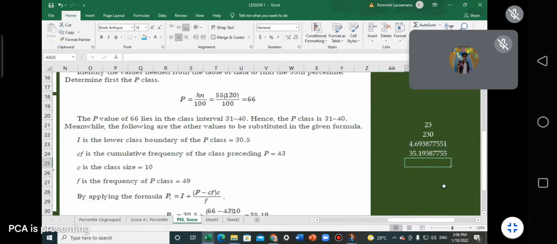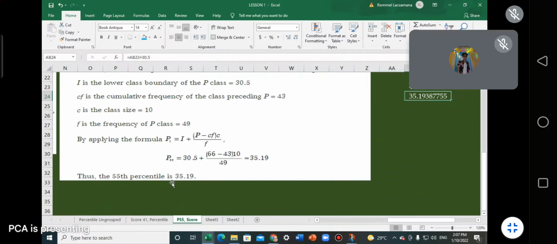We were asked to find what score is equivalent to the 55th percentile rank. The score is 35.19. If you interpret this data, the score is between 31 and 40. 35 is really in the middle of 31 to 40.